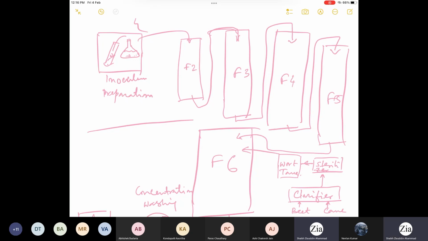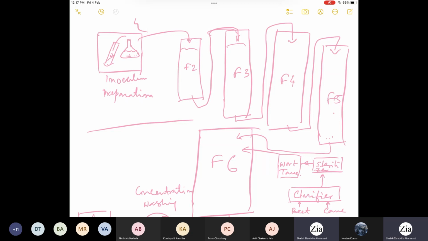So F2, F3, F4, F5 all have different sizes, and ultimately the entire volume will go to the next stage as inoculum. Finally, the inoculum at the final stage F5 will be transferred to F6.